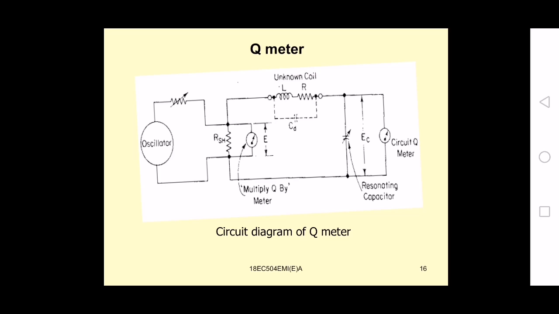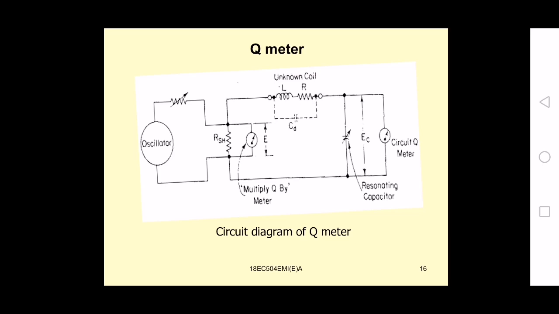By tuning the circuit, either by varying the frequency of the oscillator or the resonating capacitor, we make the circuit series resonant. Then we take the readings of the voltage across the capacitor EC and the voltage across the shunt resistance E. Then the Q factor of the coil is determined using the formula Q equal to EC by E.